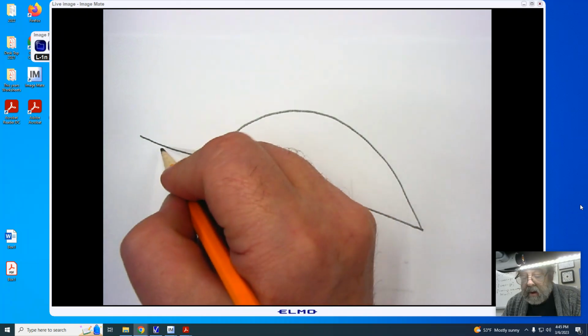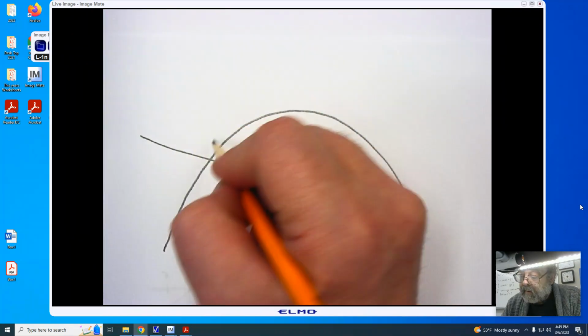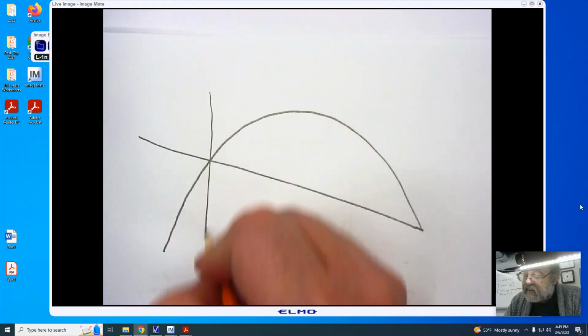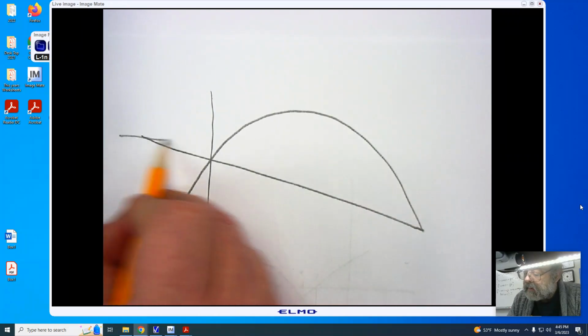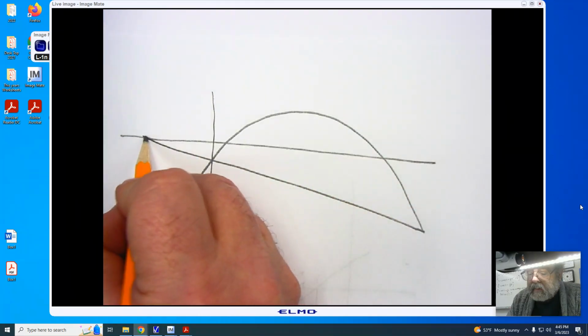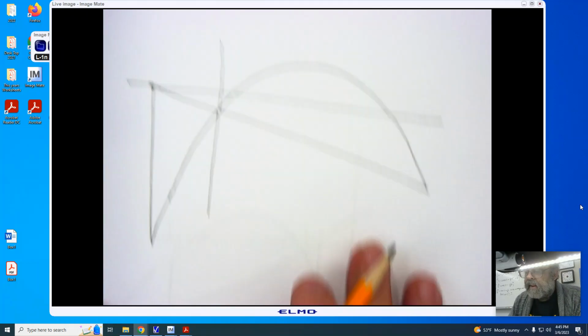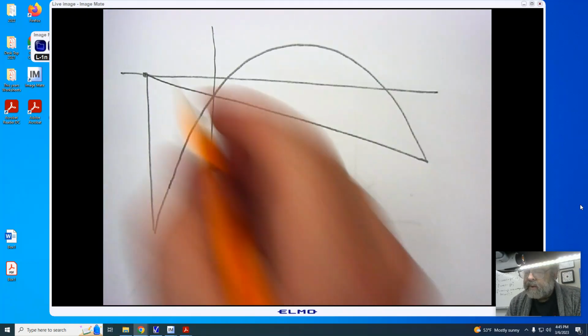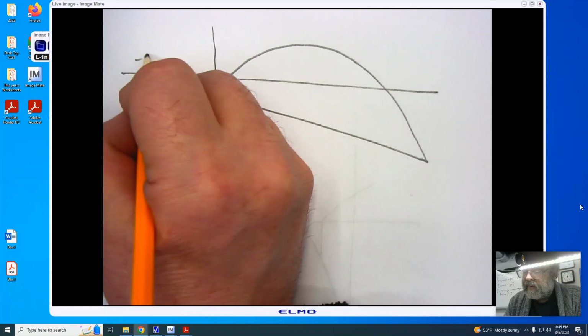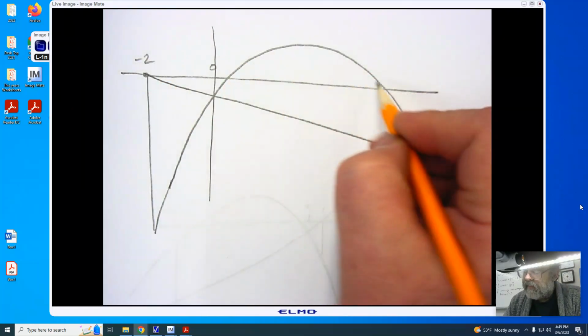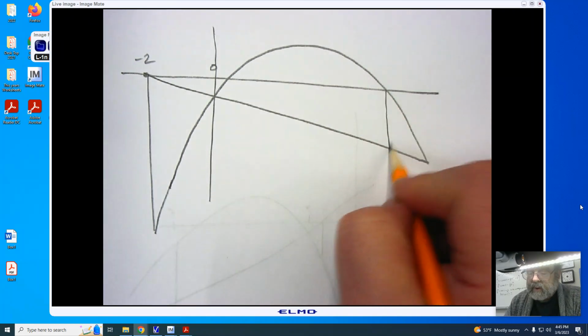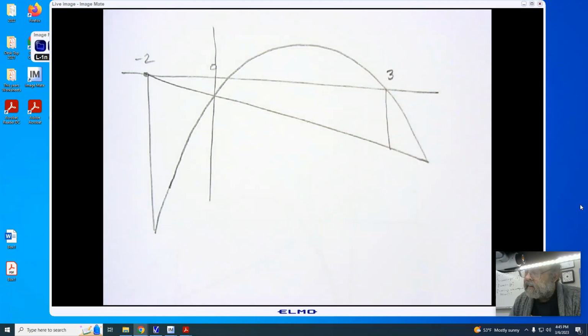And we're starting at negative 3. Right here is my y-axis. And we've got this picture. So we're going from negative 2 to 0, and then from 0 up to 3.